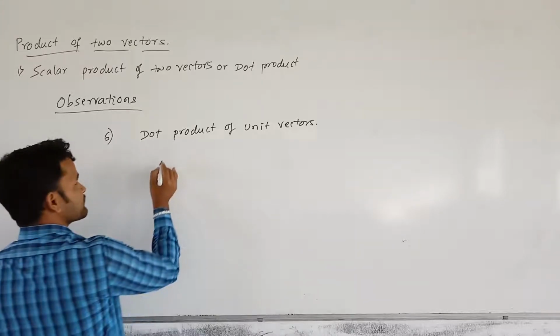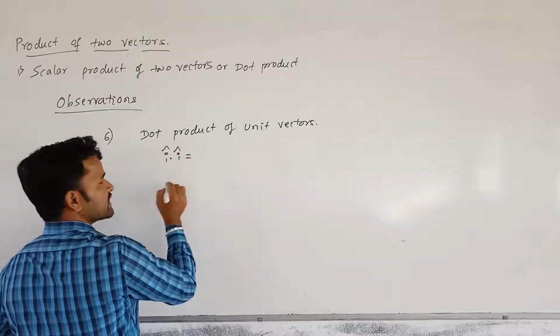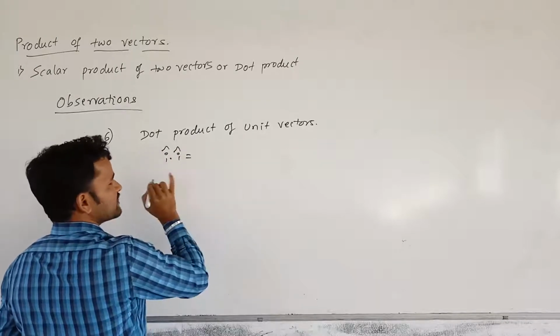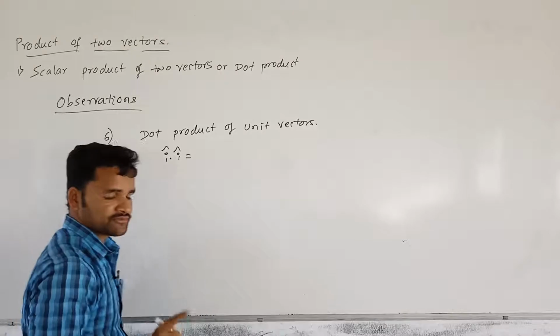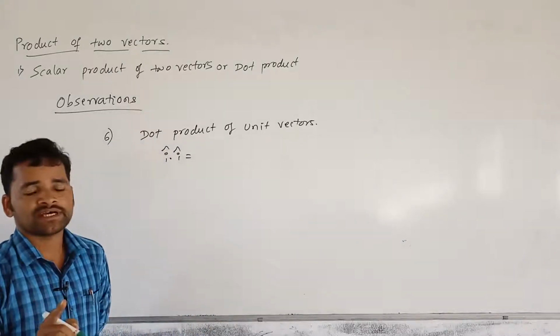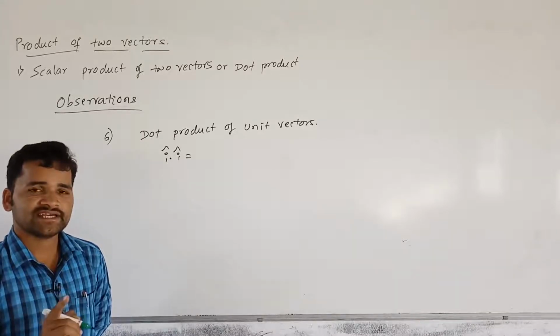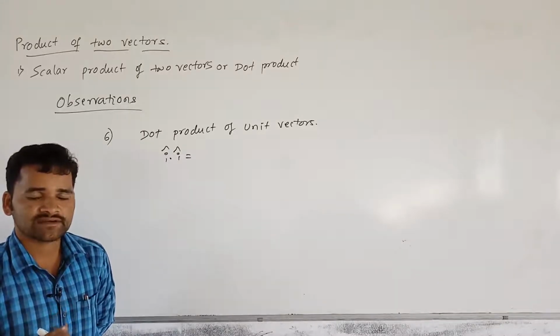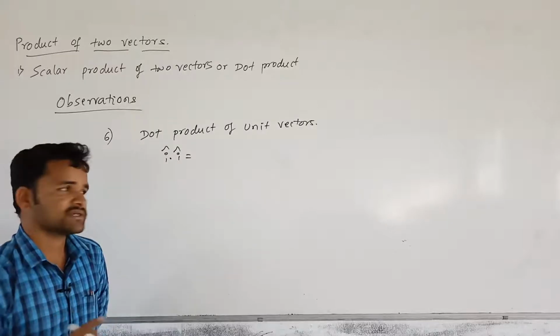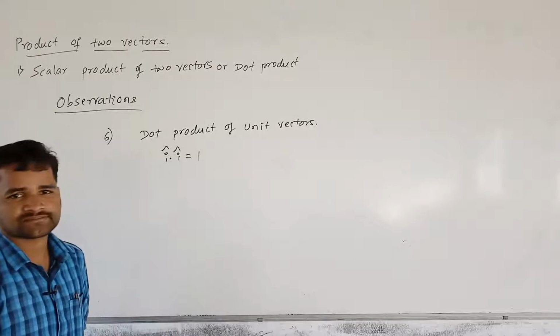What happens to this? What will be i dot i? i dot i is magnitude of i into magnitude of i, that is 1 into 1, into cos theta. Cos theta, since it is i and i, theta is equal to 0, and cos 0 is 1. So we have i dot i as 1.